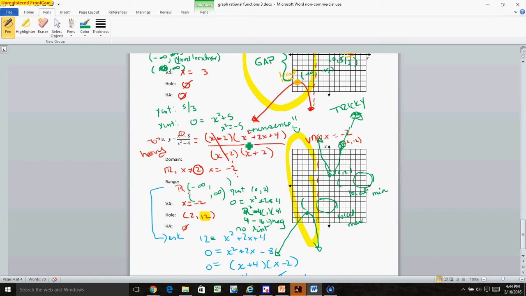And if I plug 2 into there, 2 squared is 4, plus 4 is 8, 9, 10, 11, 12. So did I do the factoring wrong? X squared plus 2x plus 4 minus 12 does give me a negative 8, right? Is this correct? That's negative 8. It's positive 2x.